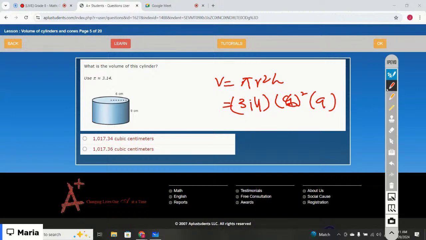The correct option is 36 times 9 times 3.14, that is 1017.36. So option number 2 is the correct option. Got it?